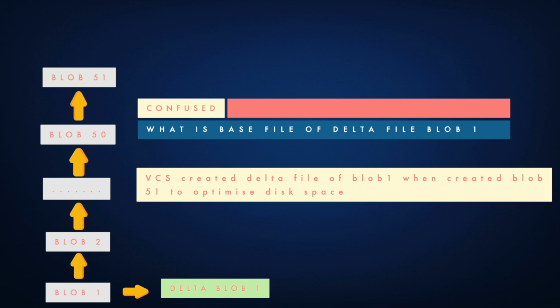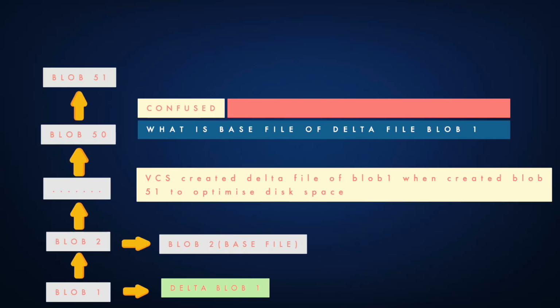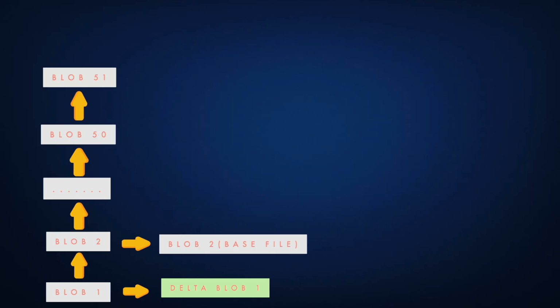So what I am doing behind the scenes is, let's say I have my second blob and my first blob. I am taking the second blob as the base file, and for the first blob I'm creating the delta file. Now let's say I created another version and it has created 52 blobs.